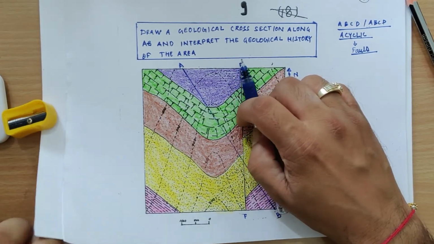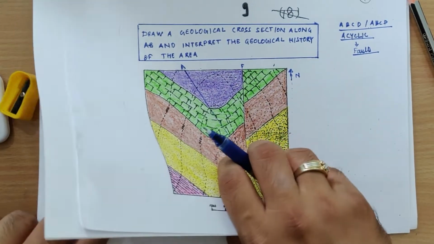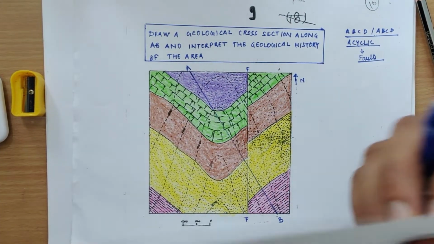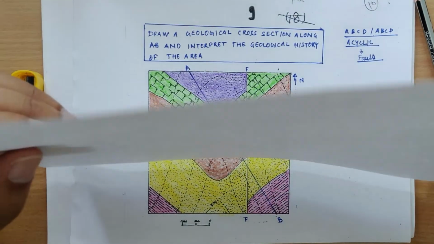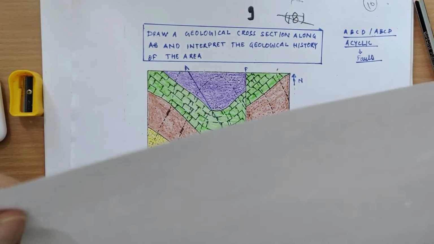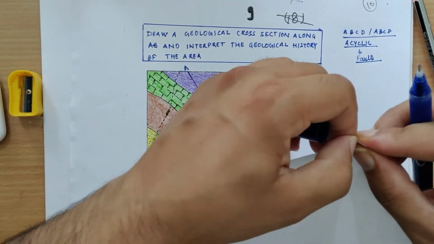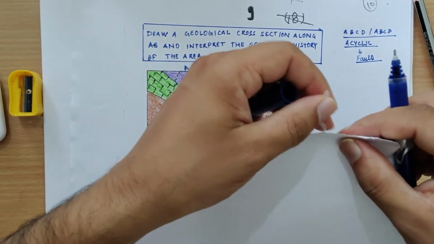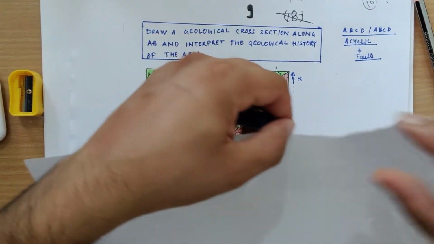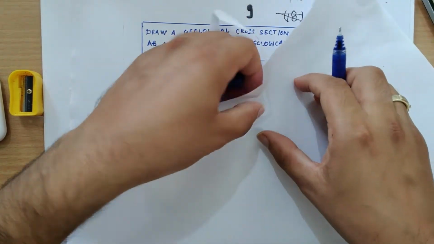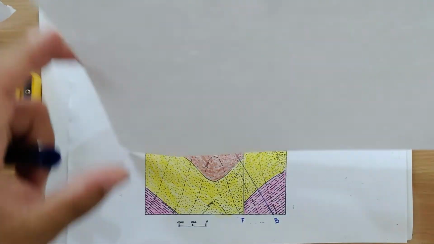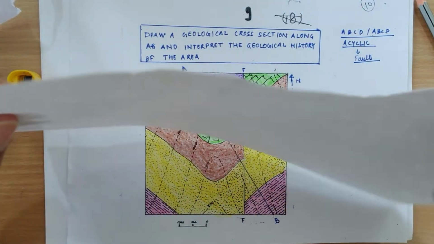Because if any feature is vertical and its trace is present on the ground, that will appear as a straight line. For example, this paper is now vertically oriented, and you can see the edge of this paper as a straight line. Even in worst cases, if we have undulating topography, no matter how erosion is there, if we look at this page from the top and it is vertically oriented, we are going to see this particular trace.